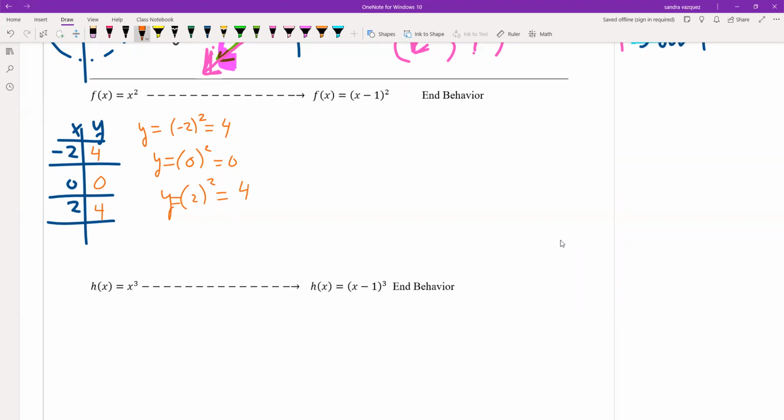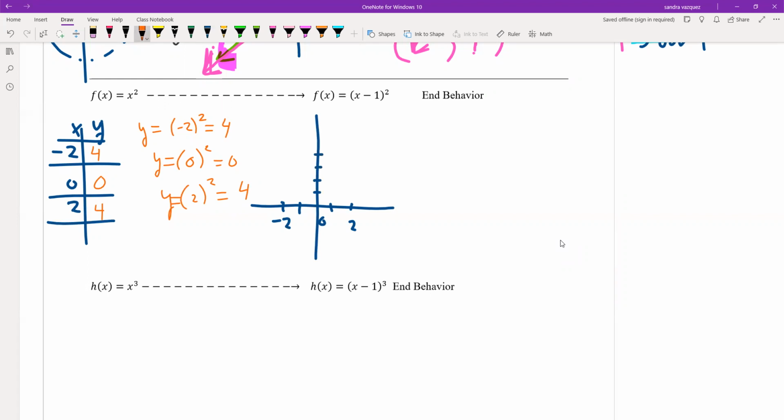And I think we are ready to plot the points and then graph. Okay, so I have -2, 0, and 2. At -2, we have 4: 1, 2, 3, and 4.